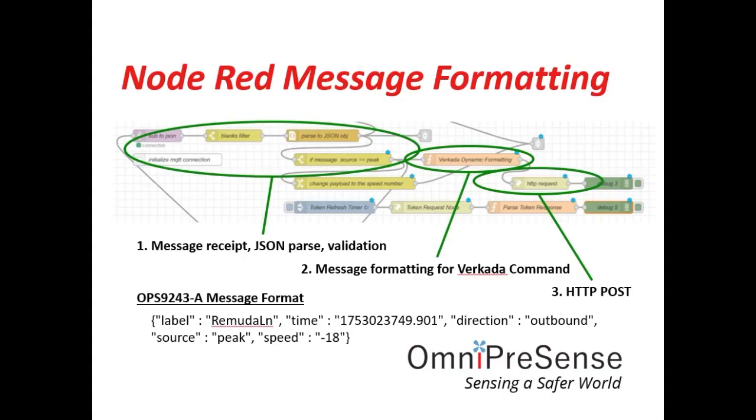Next, the message is reformatted in the form of the message template provided by Verkada command earlier. The URL, UID, and API token are input into the message. The message is then passed to an HTTP request node, which does a post to the URL provided earlier. A debug node is used to validate proper processing.